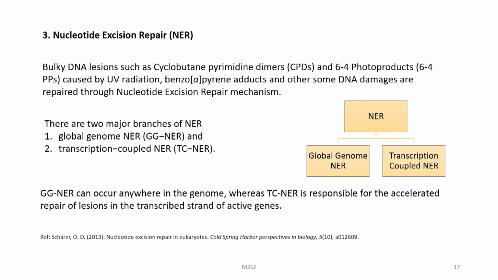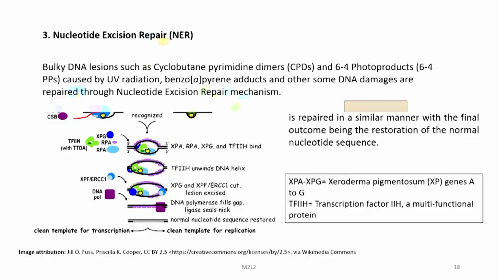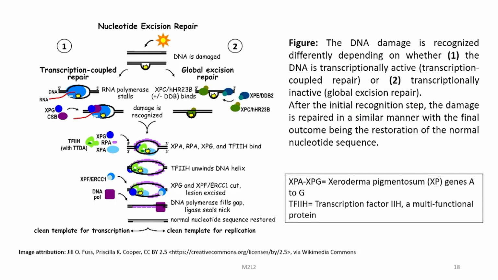GGNER can occur anywhere in the genome, whereas TCNER is responsible for the accelerated repair of lesions in the transcribed strand of active genes. So, you can see here the transcription coupled repair in the left arm, and the global excision repair in the right arm. And the players involved in the two processes differ from one another in the starting. Towards the end, they merge into the same pathway.